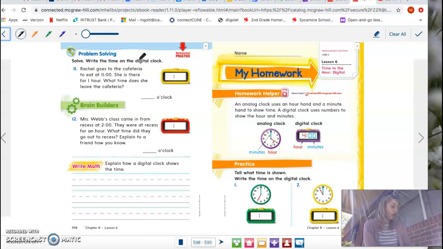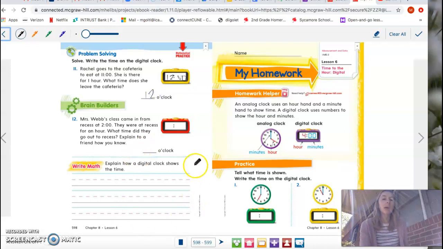So we make it go all the way around. And it's pointing at what time? Or we can count back like this, 11 to 12. You're right. So if she was there for 1 hour, it would be 12 o'clock. So we'll write it here, 12:00. And we'll write it here, 12 o'clock.